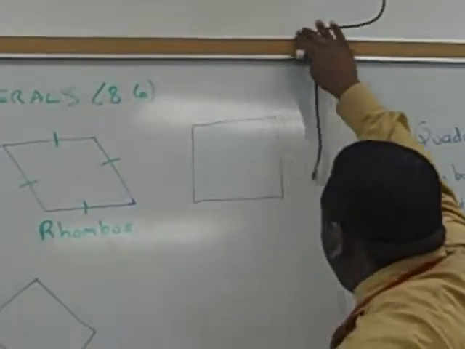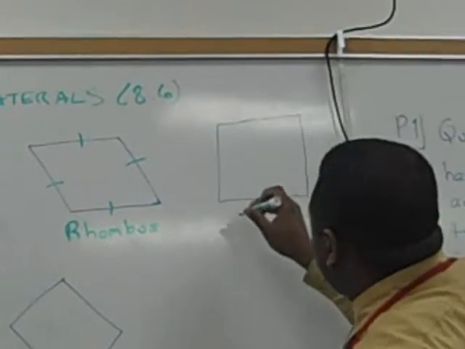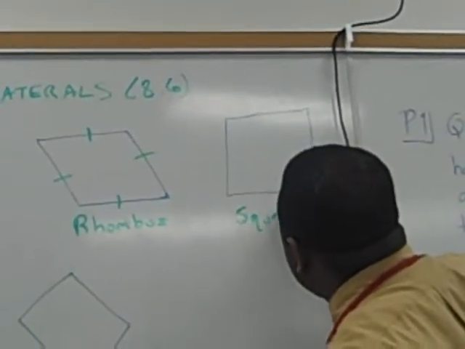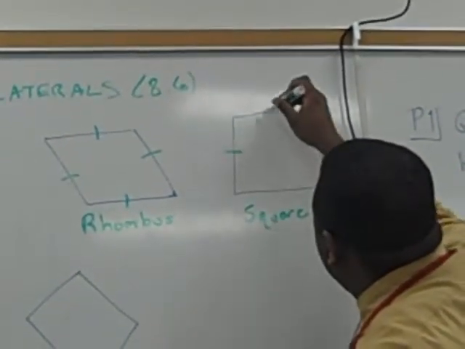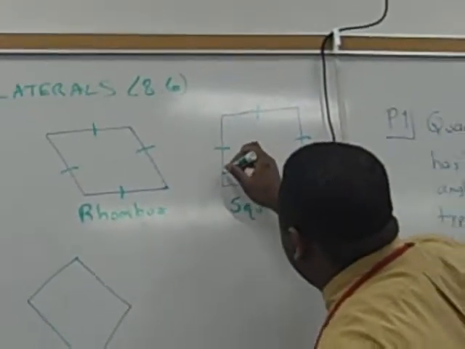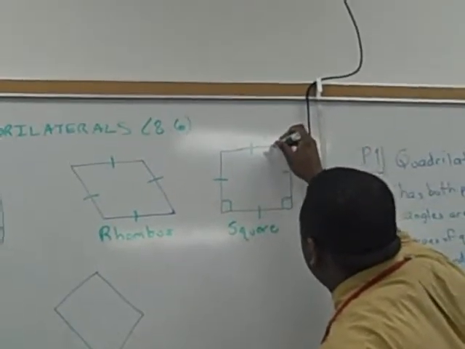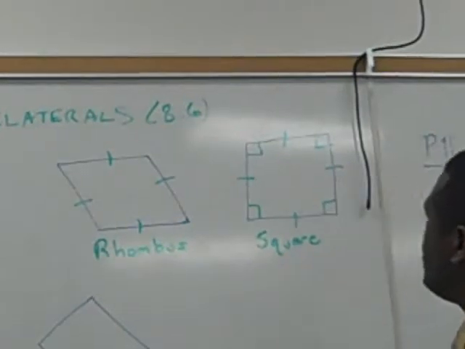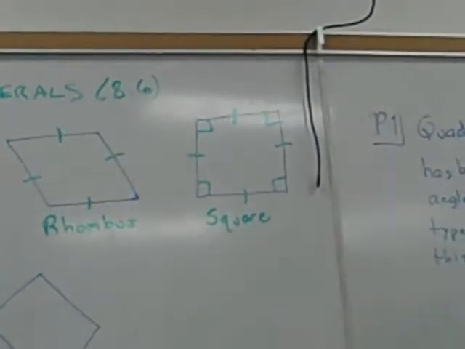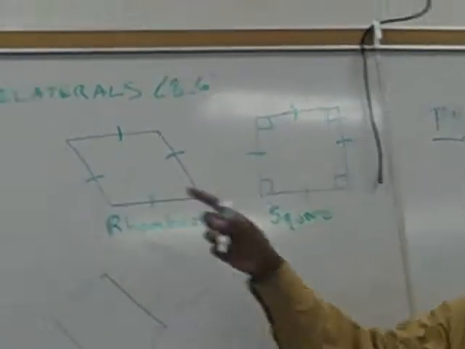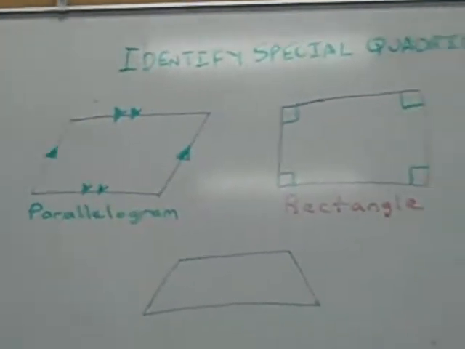Then, this shape right here will be our square. And a square has 4 congruent sides and 4 congruent angles. So all these up here are parallelograms.